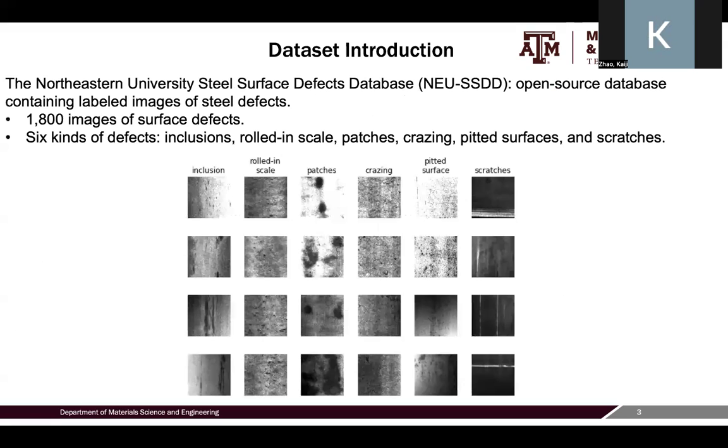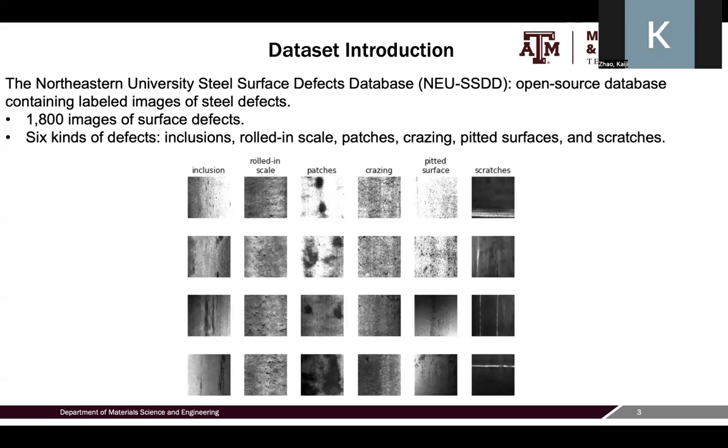For this study, they use the Northeastern University Surface Defects Database, NEU-SDD, as the training dataset, which is an open source database containing labeled images of various steel defects. This dataset is particularly useful for tasks such as defect classification.